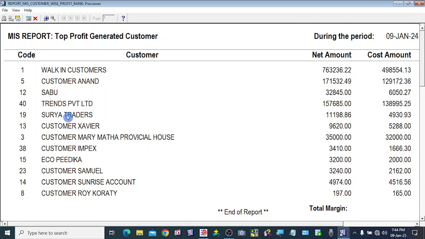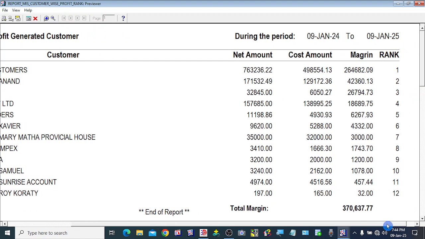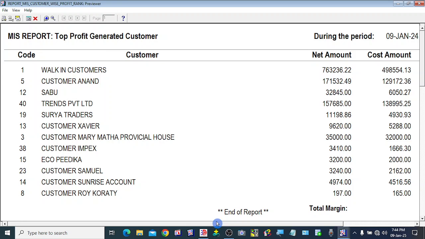Other than the walking customer, if we have created a separate ledger for other customers, we can easily understand with the help of this report who is your top margin generated customer during a specific period of time.